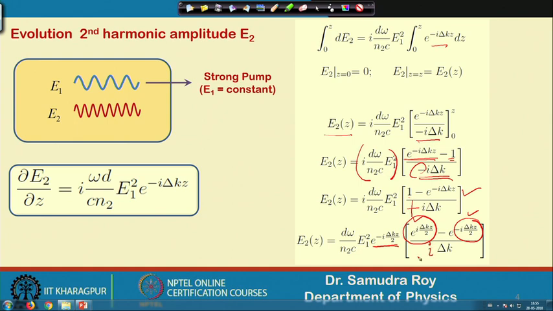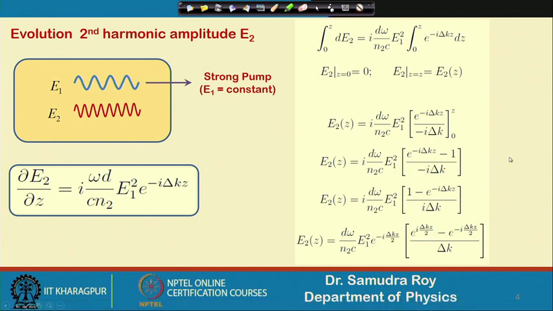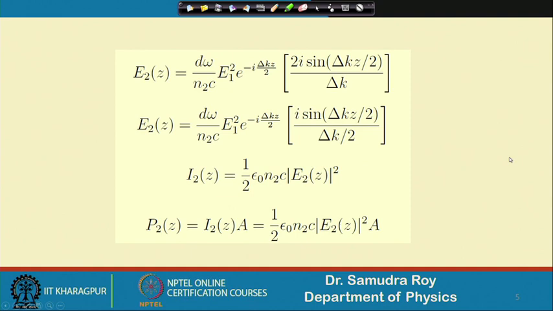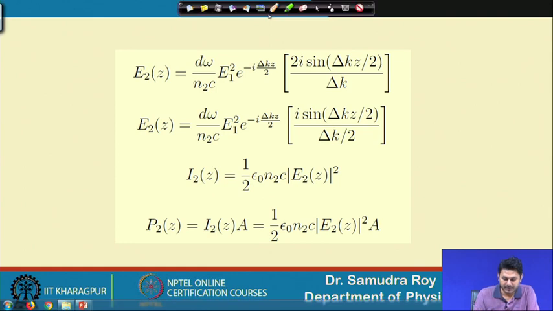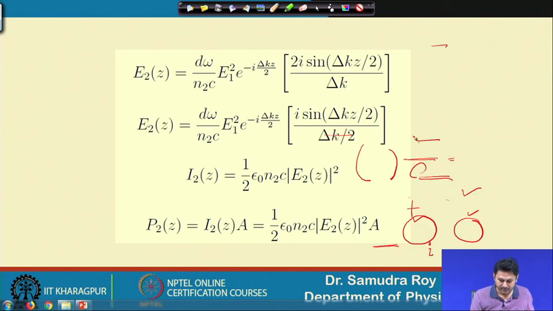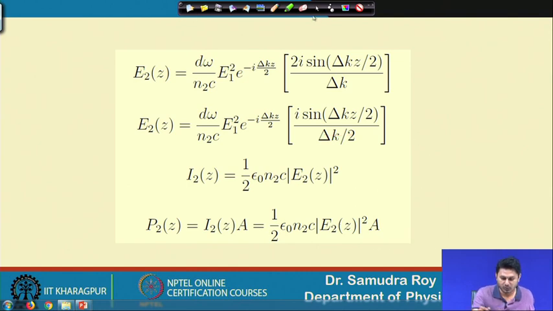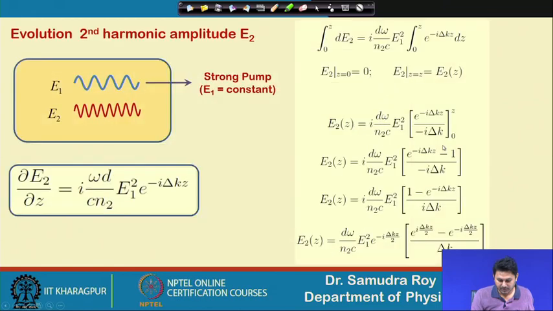I think the i term is missed here somehow. So, it will be i delta k here, and here also we have some i delta k term in the numerator. Okay. Let me go back to the previous term, so that we can understand.